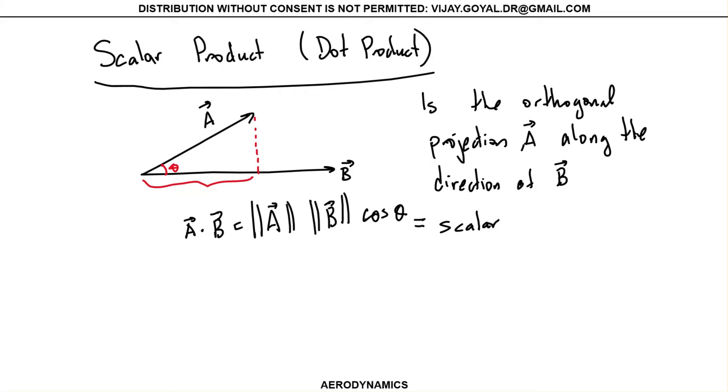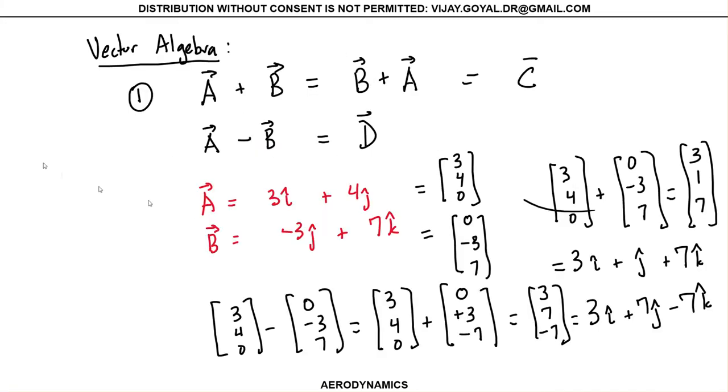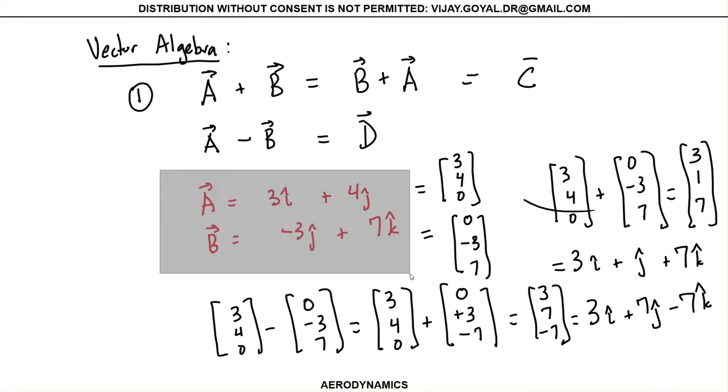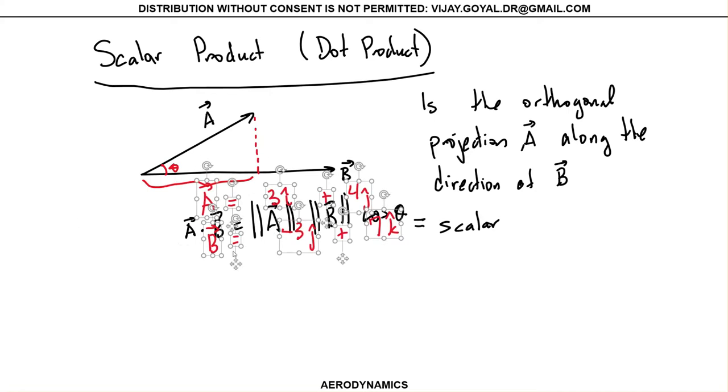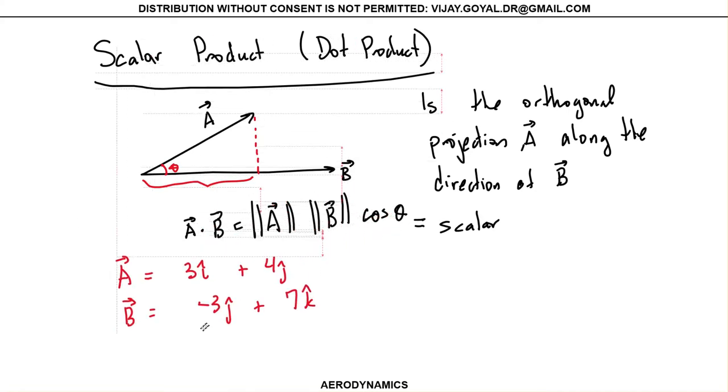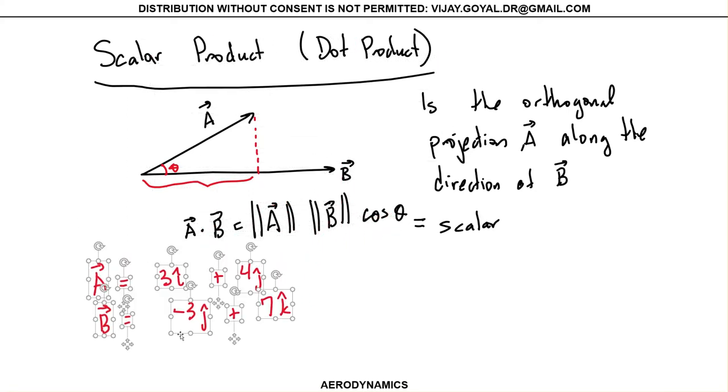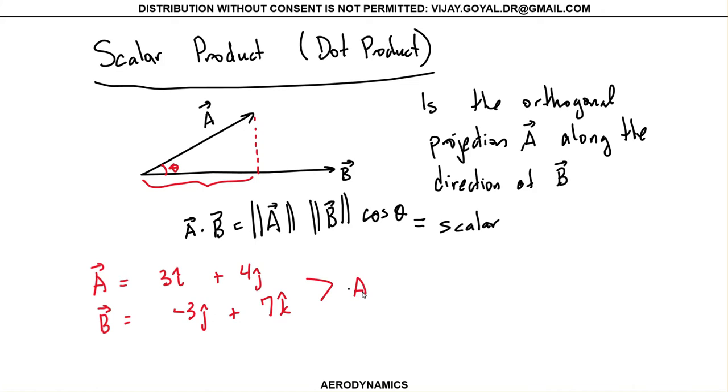So if I did the dot product for these particular vectors, just to give an example, A dot B is basically taking each one of the components, multiplying them, and adding them up.